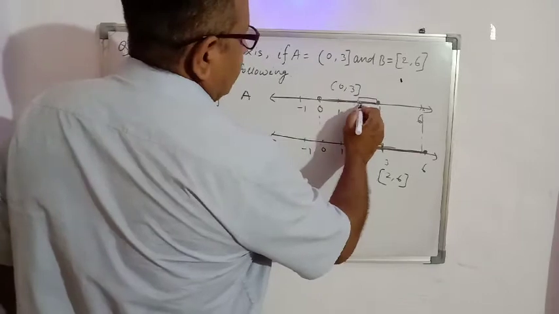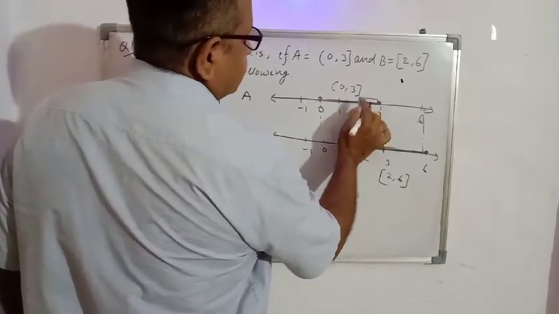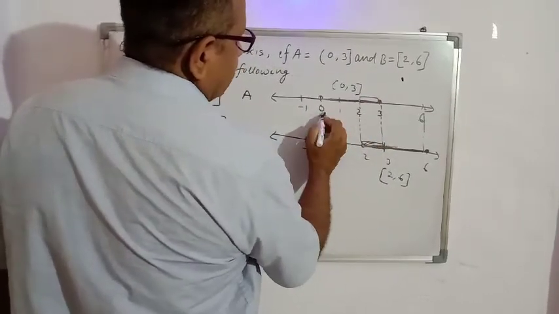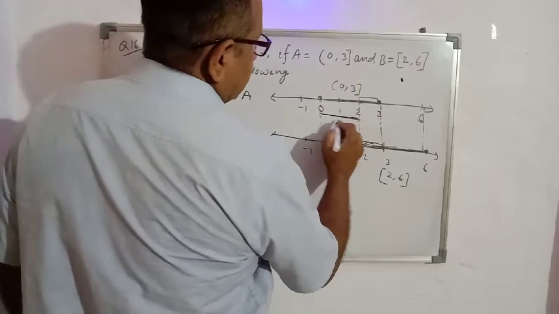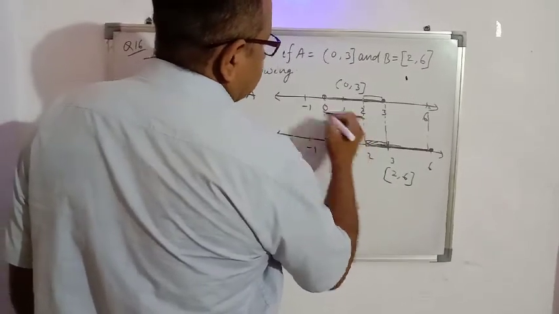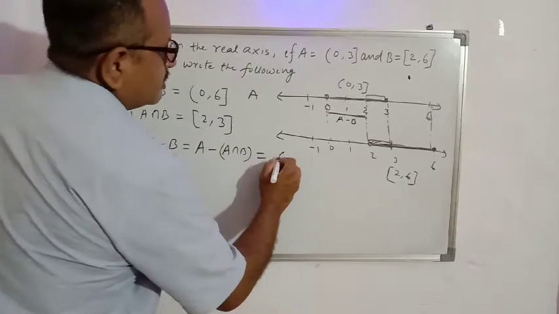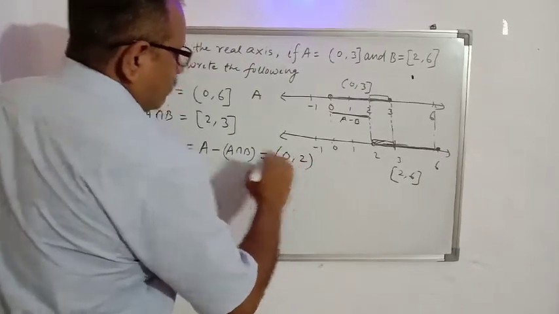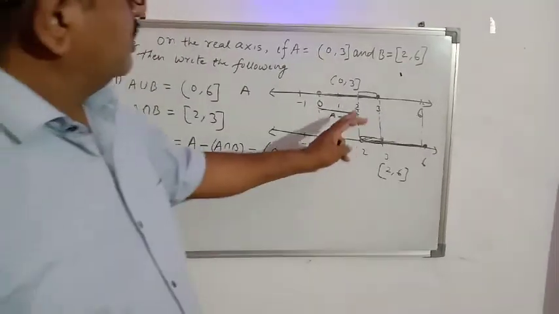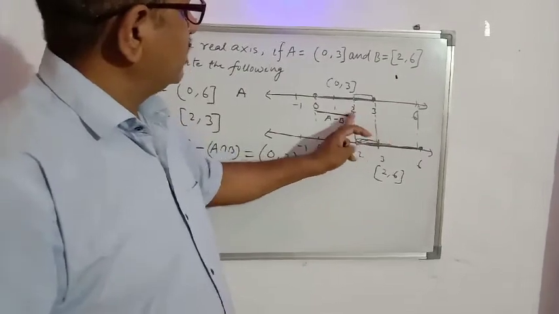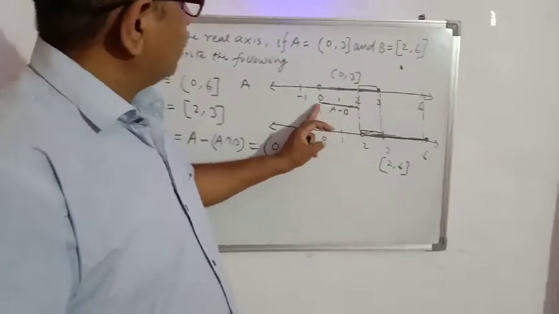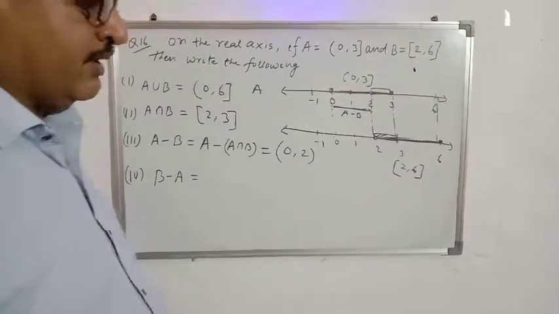From the set A we remove this part, 2 to 3. So what will we get? We will get this region. This region is A minus B, that is 0 to 2, the open interval (0, 2), because we have removed the closed interval 2 to 3. 2 is already removed, so from 0 to 2 open interval.